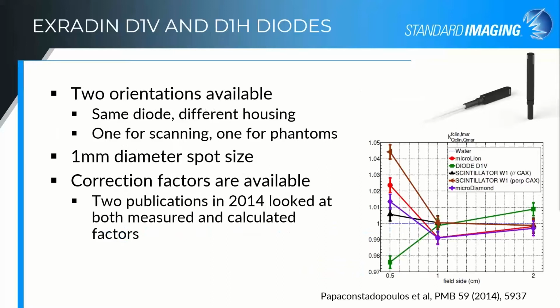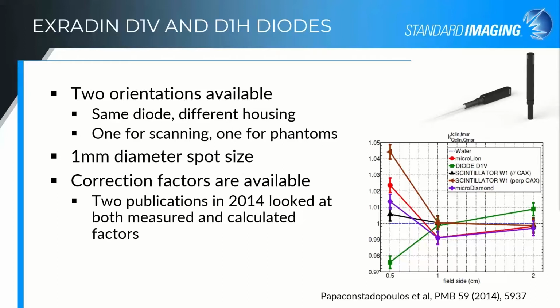With the diodes, our diodes are called the D1V and the D1H, and the V and the H only refer to the orientation of the stem. The same diode is used in both configurations, so the behavior is exactly the same between the two.